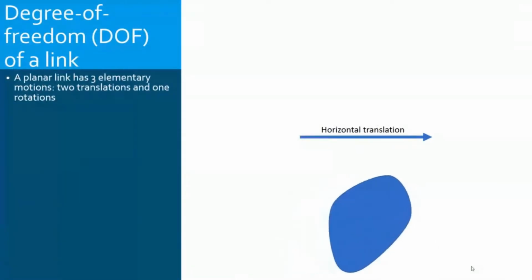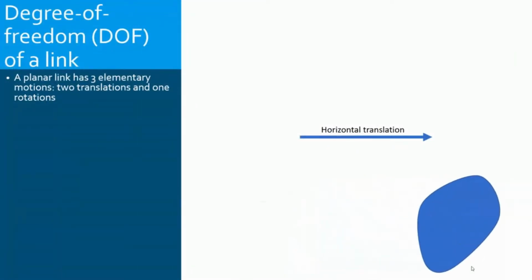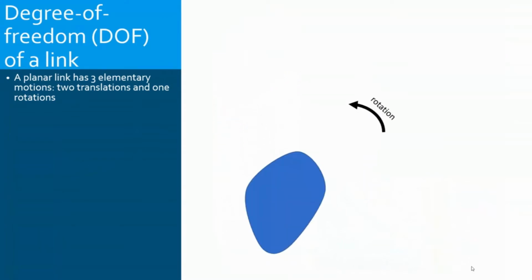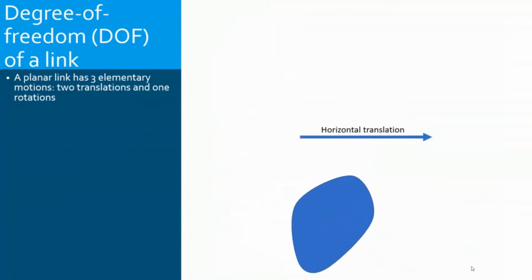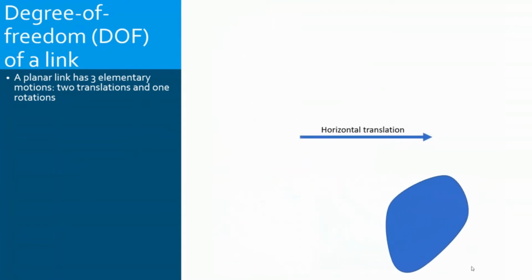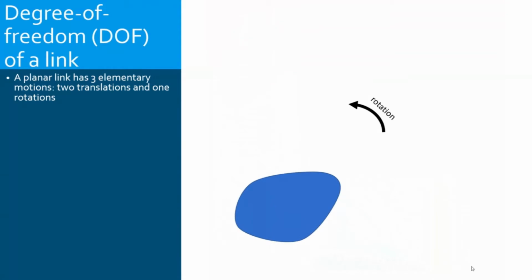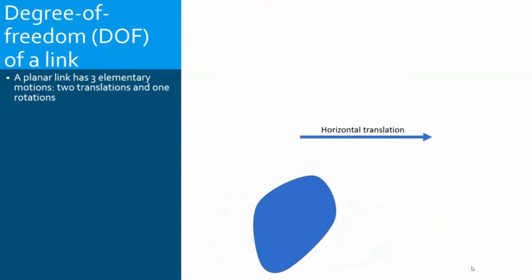Now, in a link or a rigid body, there are 3 elementary motions: the 2 translations, the horizontal and the vertical translation, and the rotation. There is only one rotation here, the rotation about the out-of-plane axis.